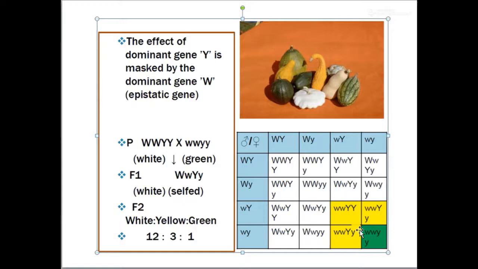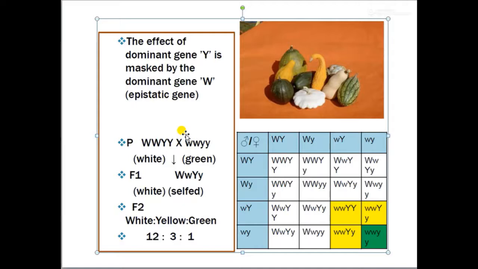So this is a case of dominant epistasis, where a dominant non-allelic gene will influence the expression of another dominant non-allelic gene. In this case, we have capital letter W, which is a dominant epistatic gene, and capital letter Y is a dominant hypostatic gene, as we had mentioned earlier.